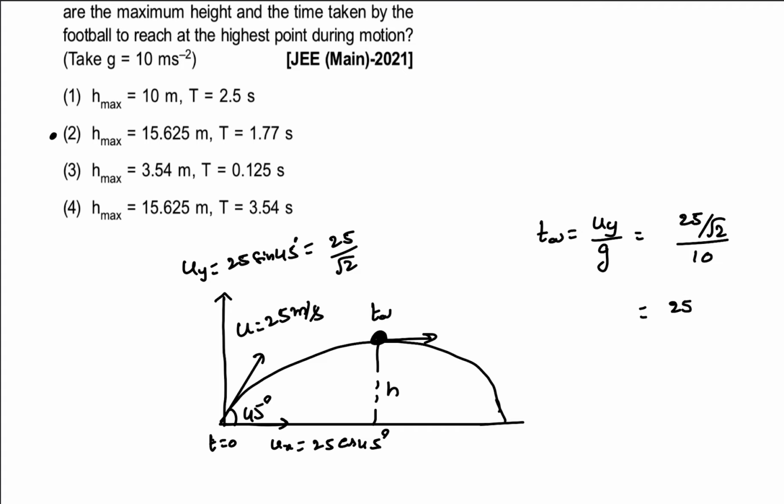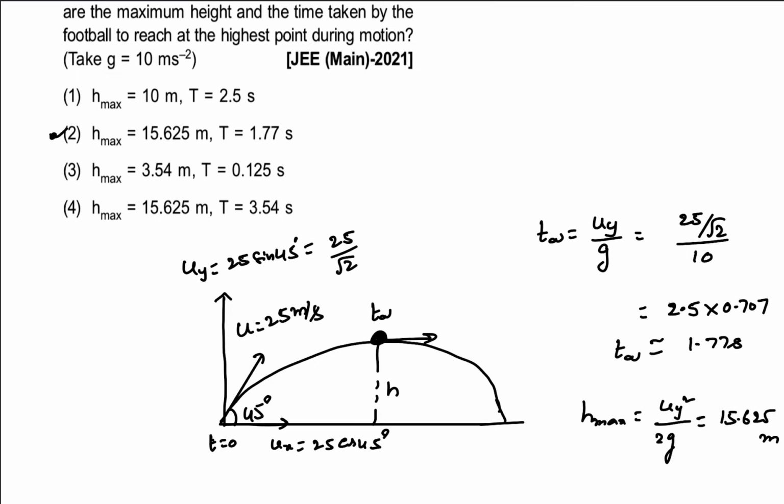You can get 25 means 2.5 by root 2. Okay, you can write as 2.5 into 0.707, approximately will get 1.77 seconds is the time of ascent. Similarly, what is maximum height? Maximum height can be written as uy square divided by 2g. You substitute there, you will get 15.625 meters. Second option is the correct option.